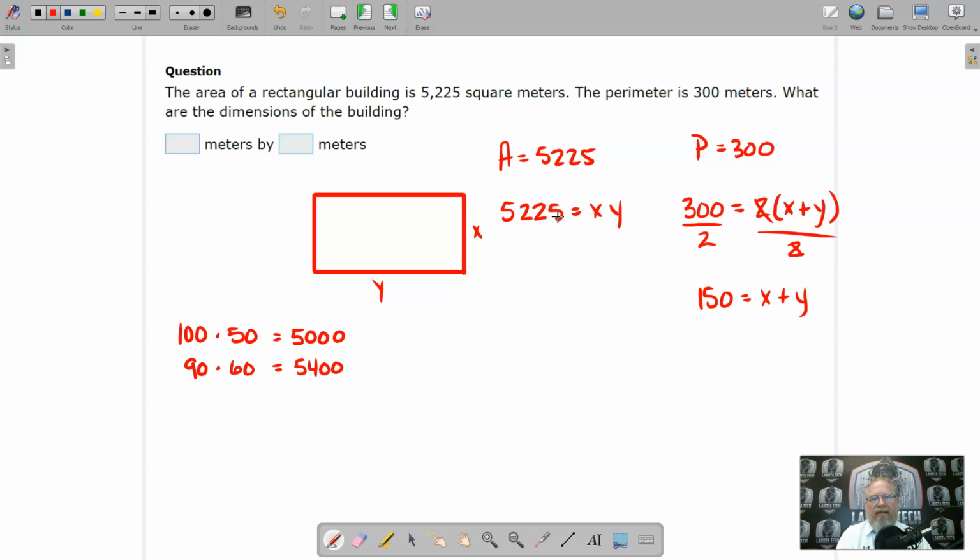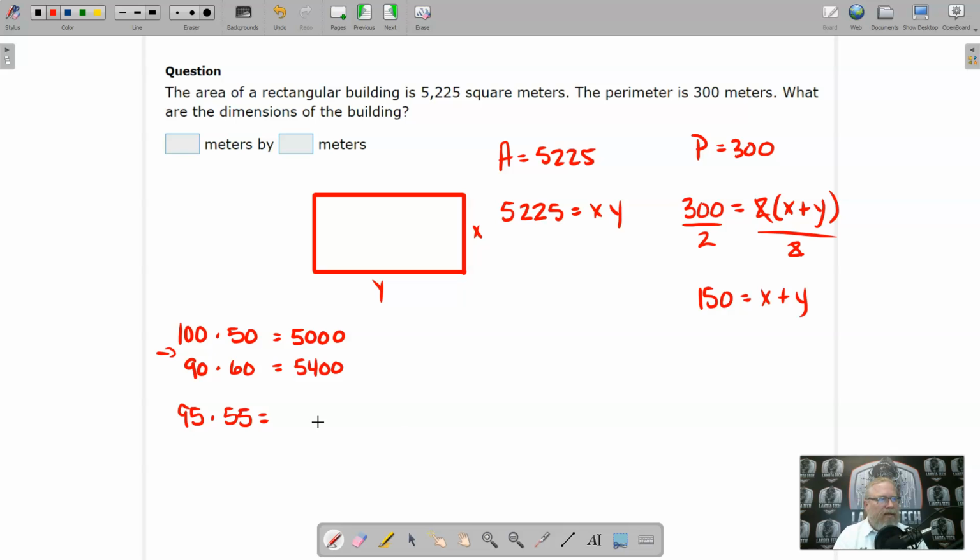Notice that the last digit in the area is 5, so I probably have some kind of multiples of 5 whenever you add. So let's try right smack in the middle between 100 and 90. Let's go to 95. 95 plus 55 would equal 150.